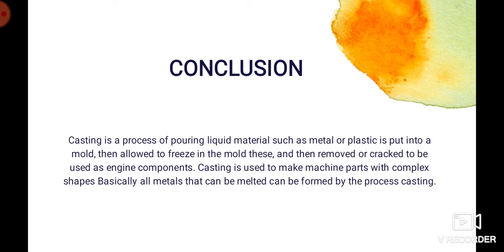Basically, all metal that can be melted can be formed by the casting process. These materials generally have a low to medium melting point. For materials with a high melting point, casting is rarely done.